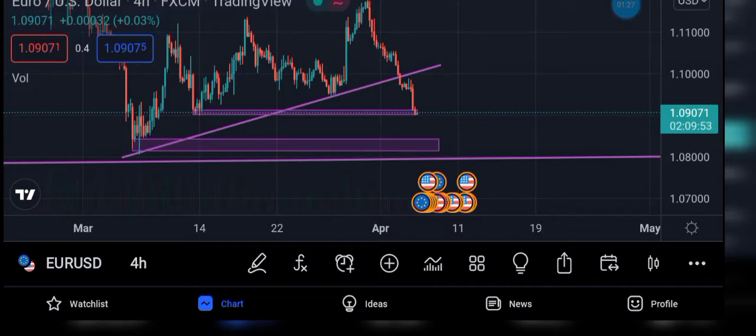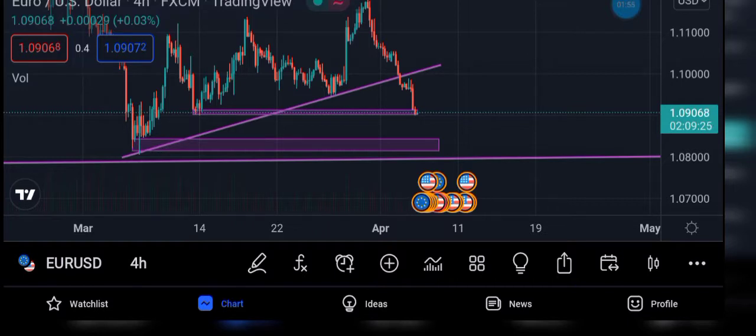So top down analysis is basically analyzing from a higher time frame down to the time frame where you take your trade. It depends on the kind of trader you are. If you're a swing trader, a higher time frame can be the weekly.